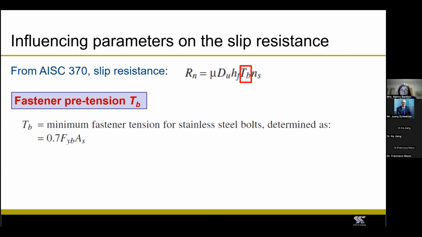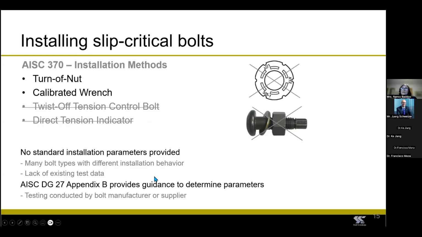And as more research is carried out, then we will see that value raised to 70% of the ultimate tensile strength. And the Sirocco project did lots of installation tests on slip critical bolts and demonstrated that correct installation led to excellent performance.